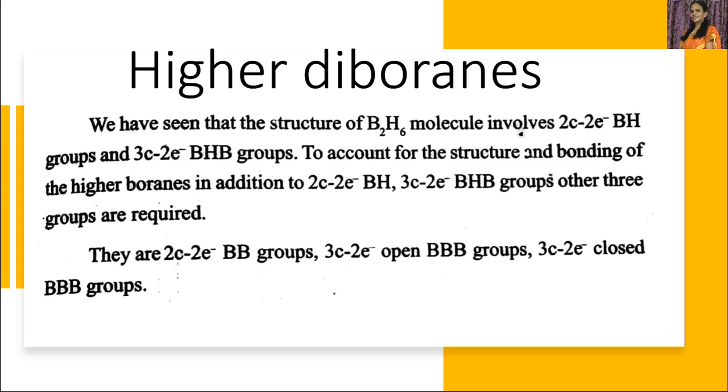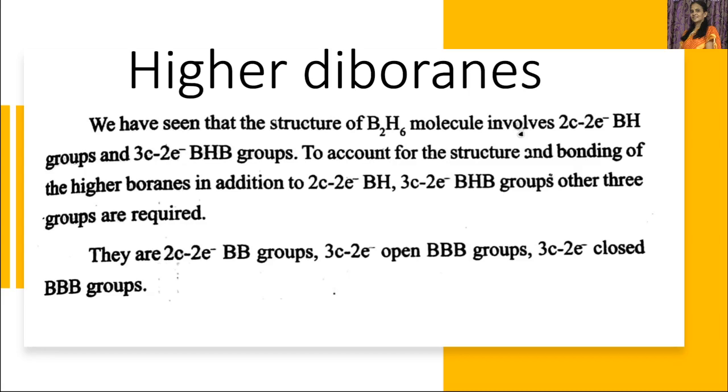To discuss the structure and bonding of higher boranes, in addition to two-center two-electron BH bonds and three-center two-electron BHB groups, three other groups are also required in the case of higher boranes. Now let us see what the other groups are.